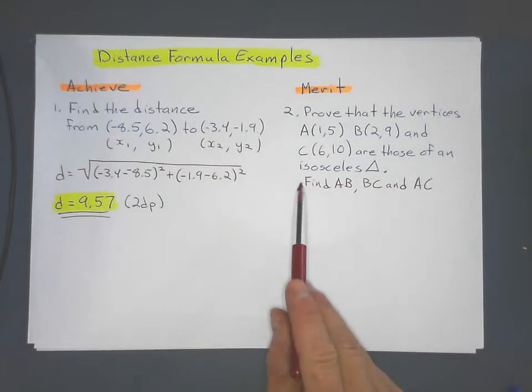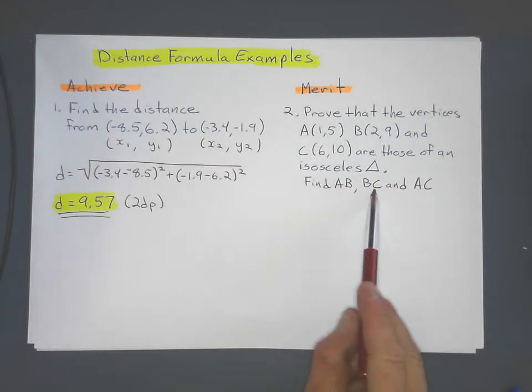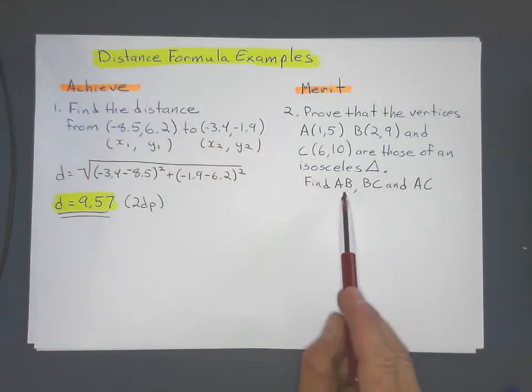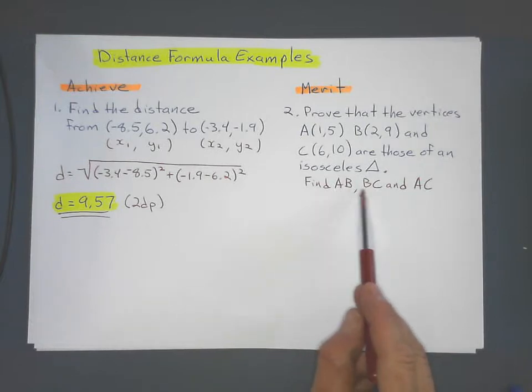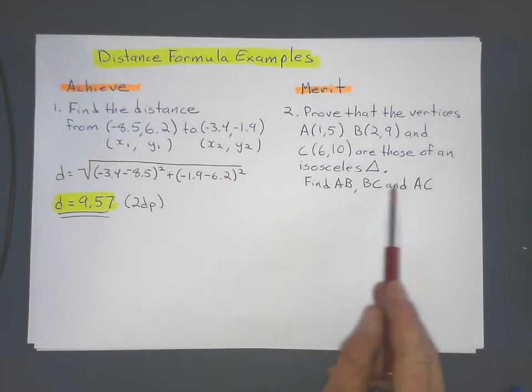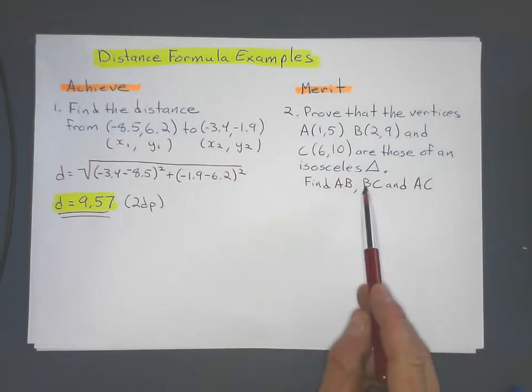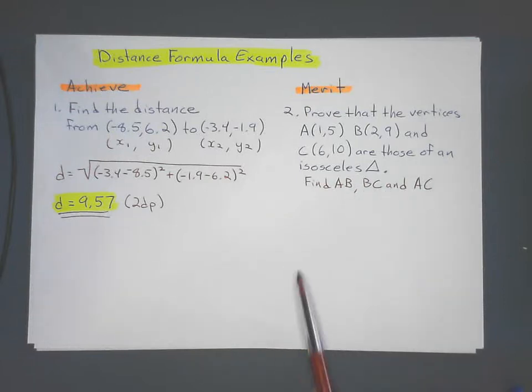We need to find these three lengths of the triangle, and when we label sides of a triangle, it helps if they're in alphabetical order, so we don't get mixed up: AB, BC, and AC. And see if two of those distances are, in fact, equal. And if they are, therefore, it's an isosceles triangle. So it's just distance formula three times.